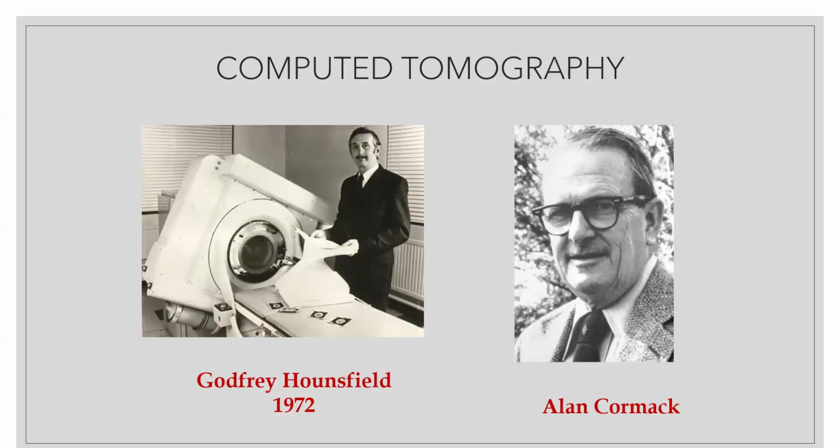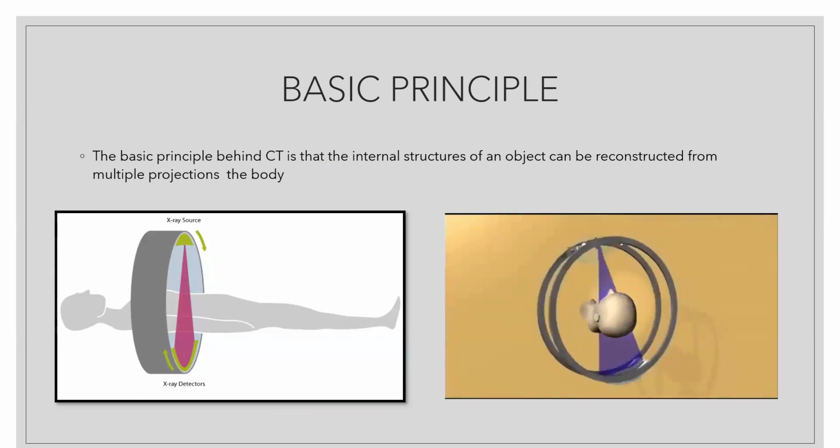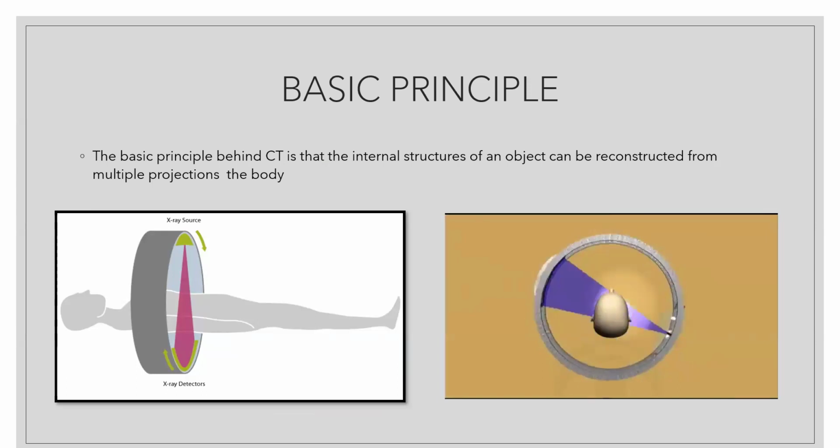The history of computed tomography: it was invented by Sir Godfrey Hounsfield and Alan Cormack in 1972. The basic principle behind CT is that the internal structure of an object can be reconstructed from multiple projections of the body, and it is measured in the linear attenuation coefficient of our tissues.